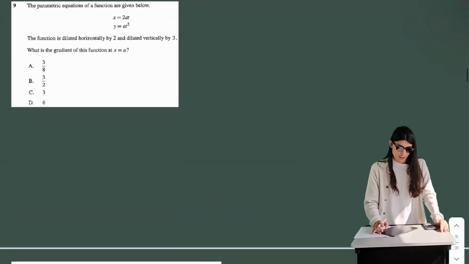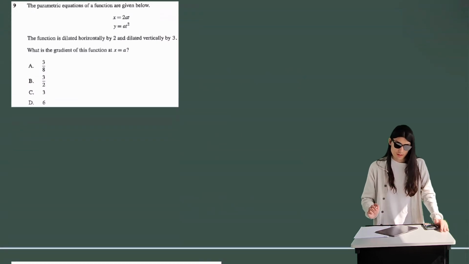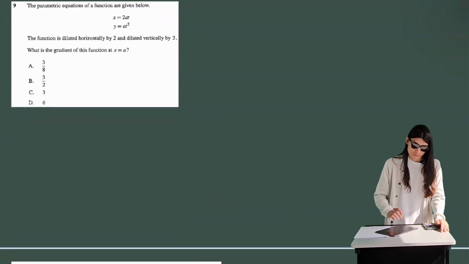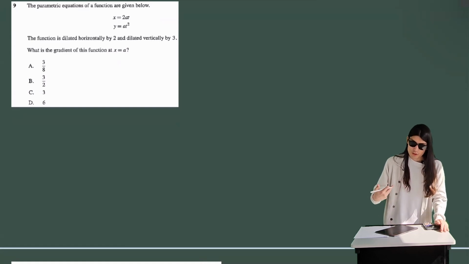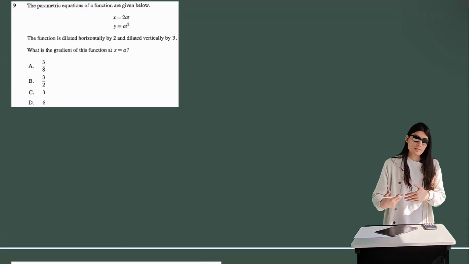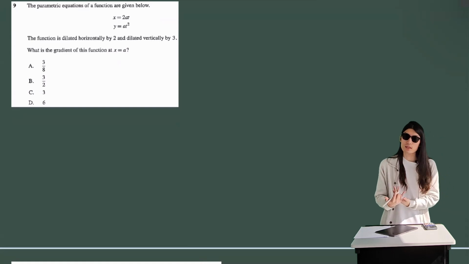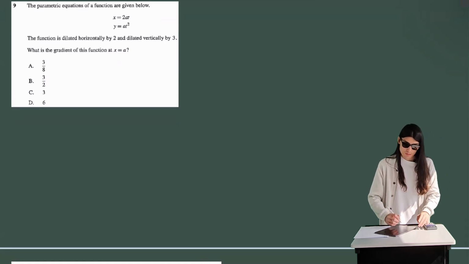Now question number 9. Okay, this one was a fairly straightforward one. So the function that the parametric equations describe, I guess I can begin by obtaining its Cartesian equation straight away. So that would mean eliminating the parameter t.